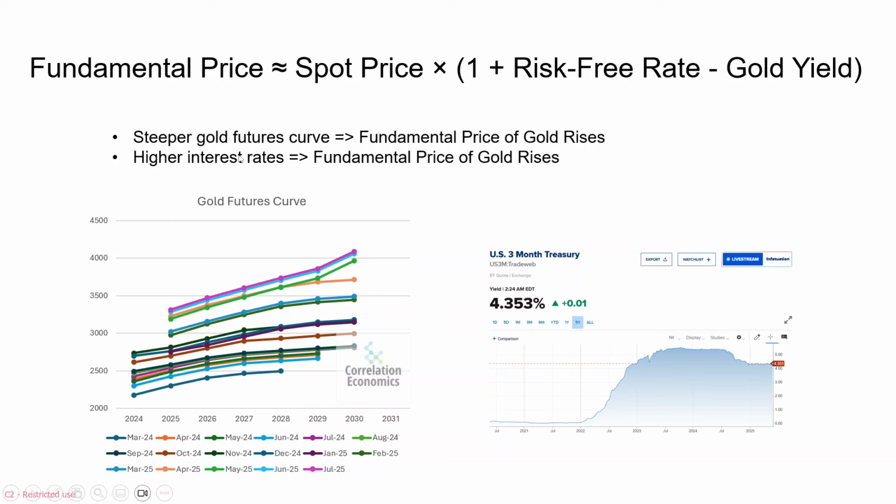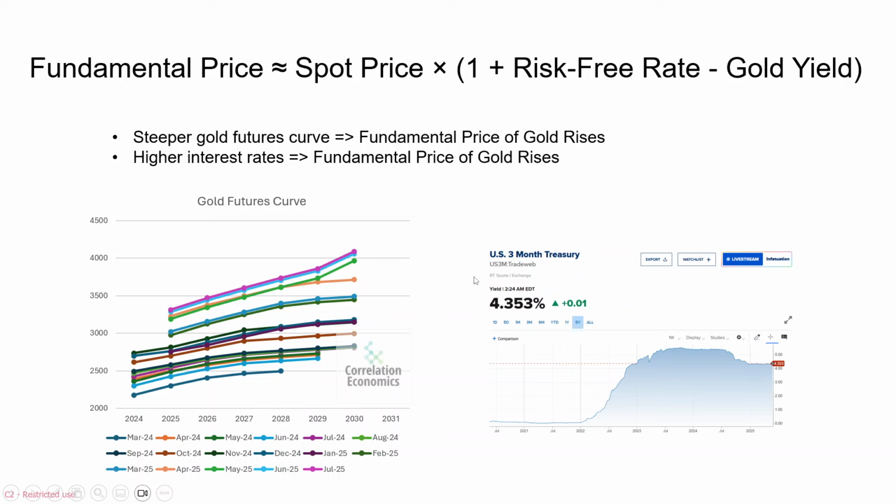Okay, and then the second parameter, the risk-free rate. If the interest rates go up, that means that the fundamental price will also go up. That's easier. If this goes up, then this will also go up.